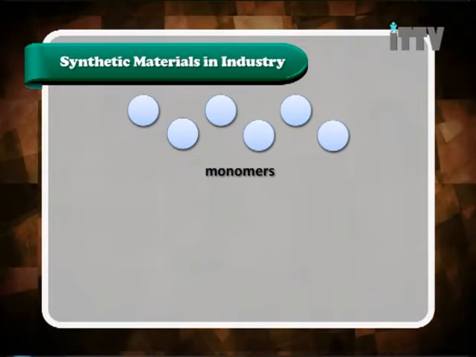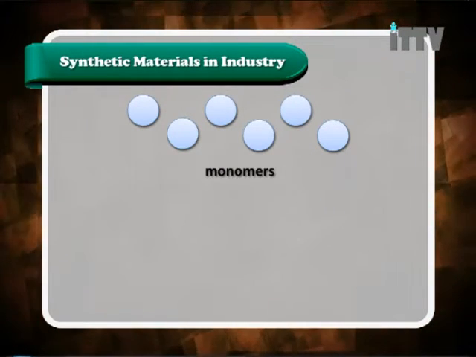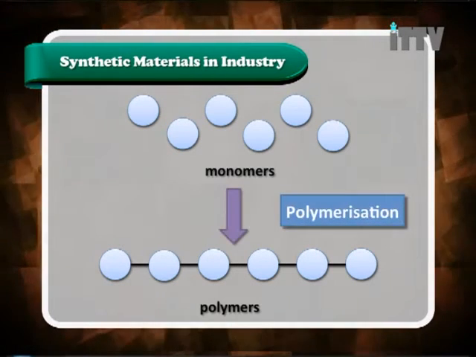Synthetic polymers consist of a linked series of small molecules called monomers. Polymers are formed through a process called polymerization. So monomers are required in order to create a polymer. This polymer is actually a long chain that consists of monomers.